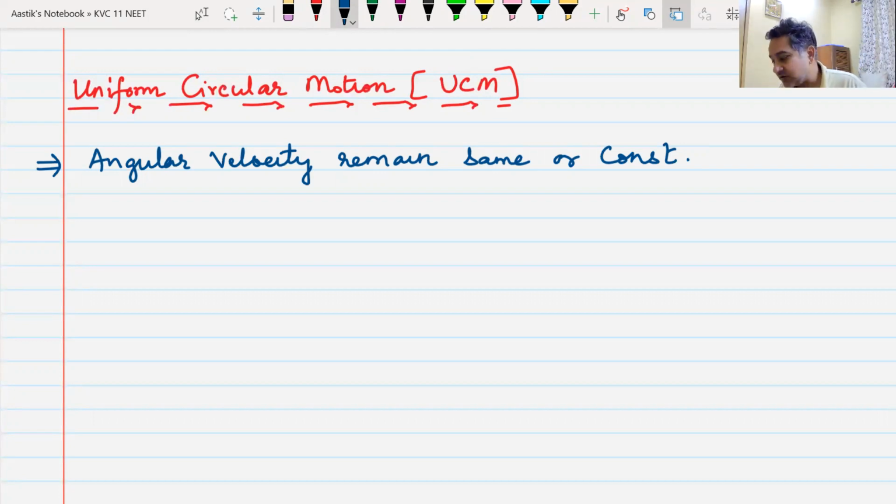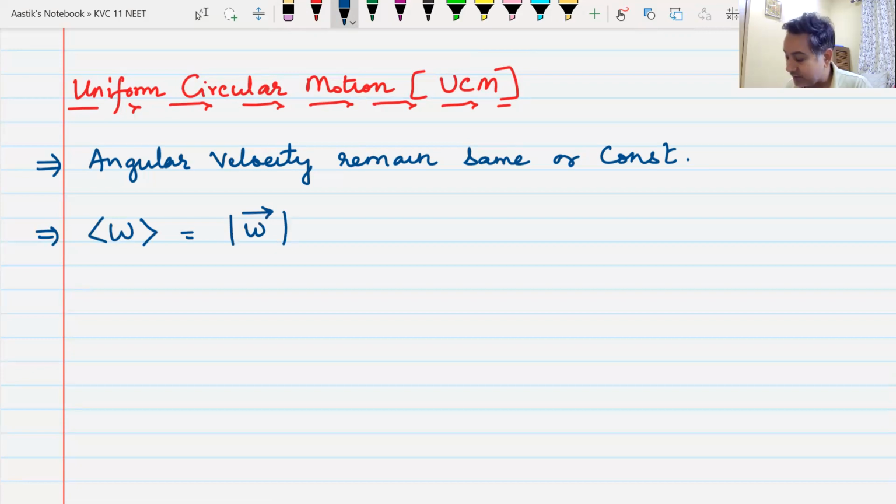In this case, your average angular velocity will be the same as the instantaneous angular velocity. I will write the magnitude, because one is a scalar quantity and the other is a vector quantity.